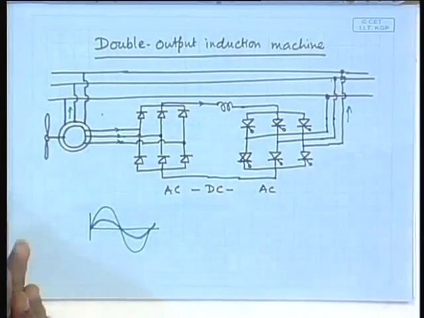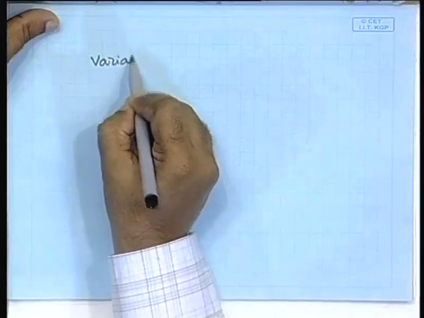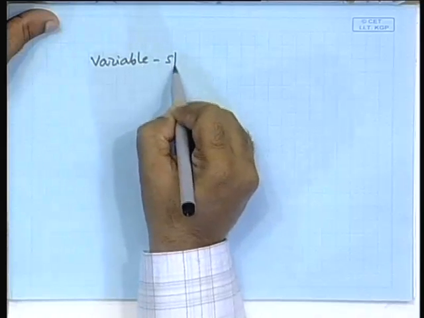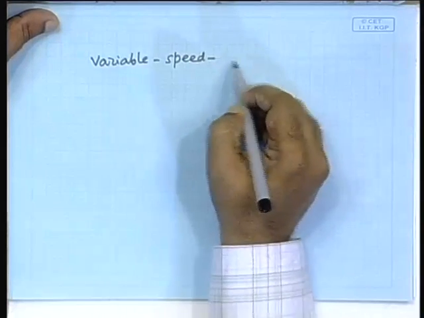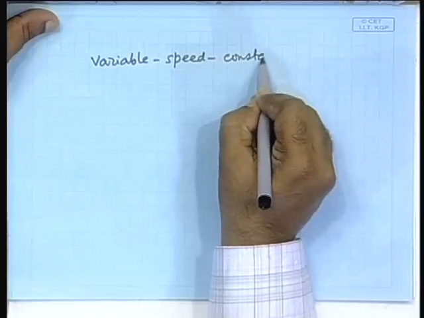You would notice that out of various options that we have now, for an energy engineer it is important to remember that you have to have a variable speed to constant frequency system.